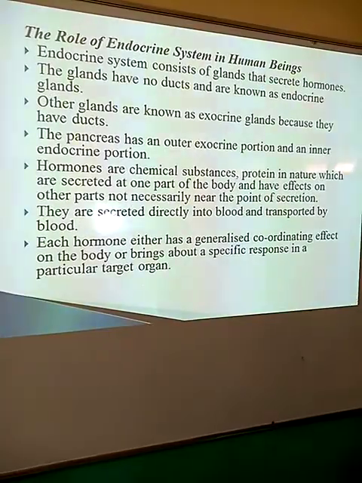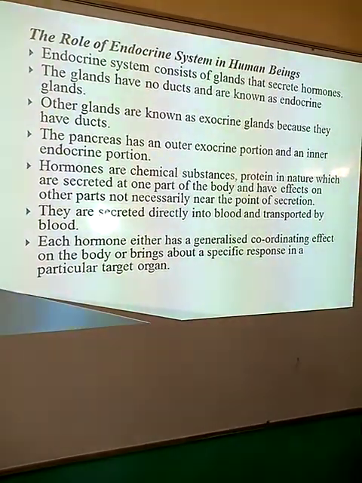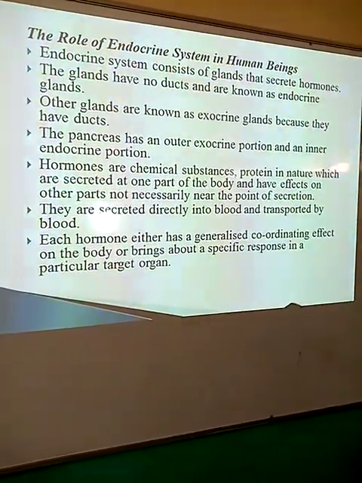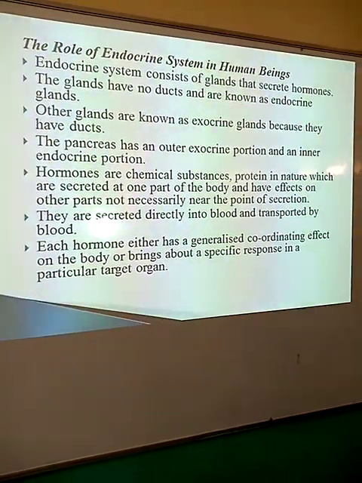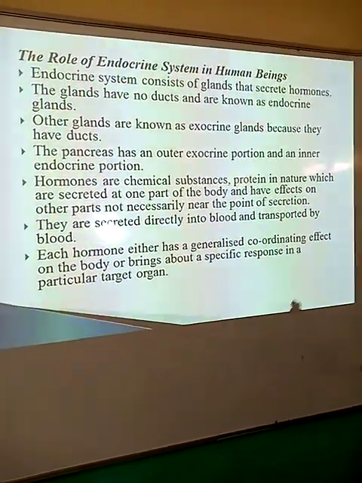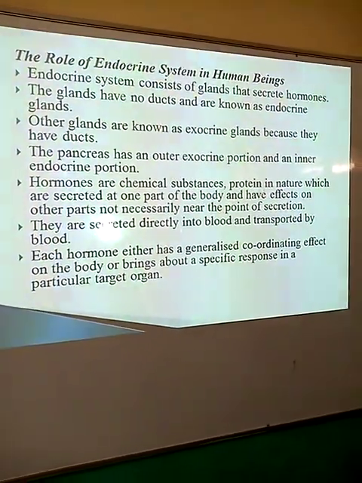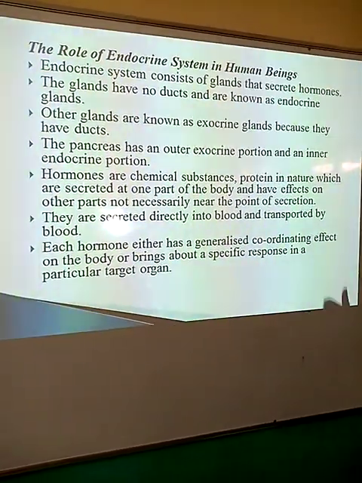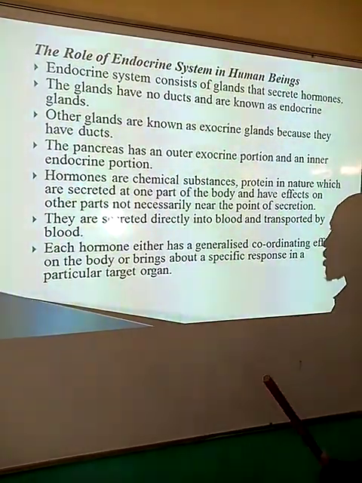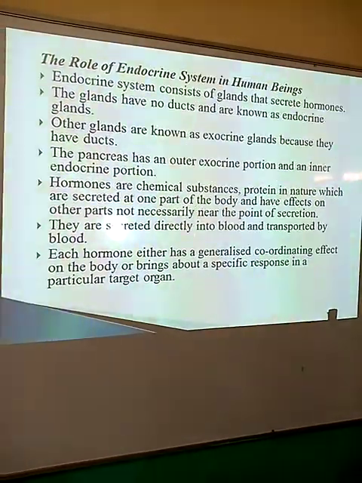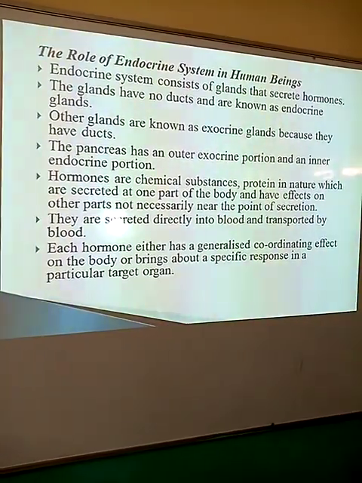What does it do? It will regulate that by, one, converting excess glucose into glycogen for storage. At the same time, it also increases the metabolism of glucose, and lastly, it also increases the conversion of excess glucose into fats for storage in the adipose tissue.